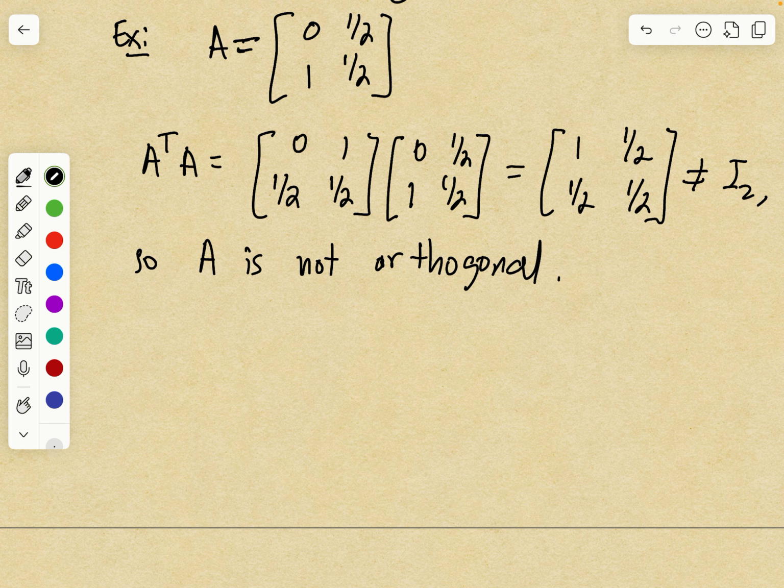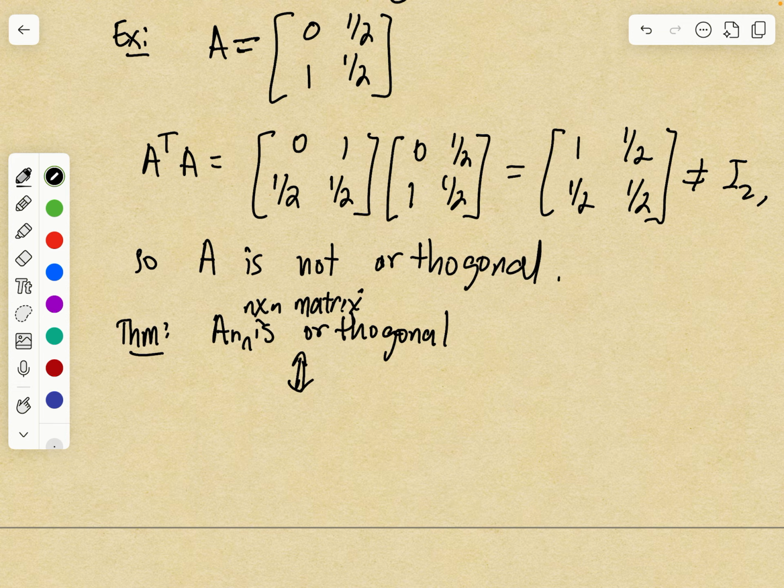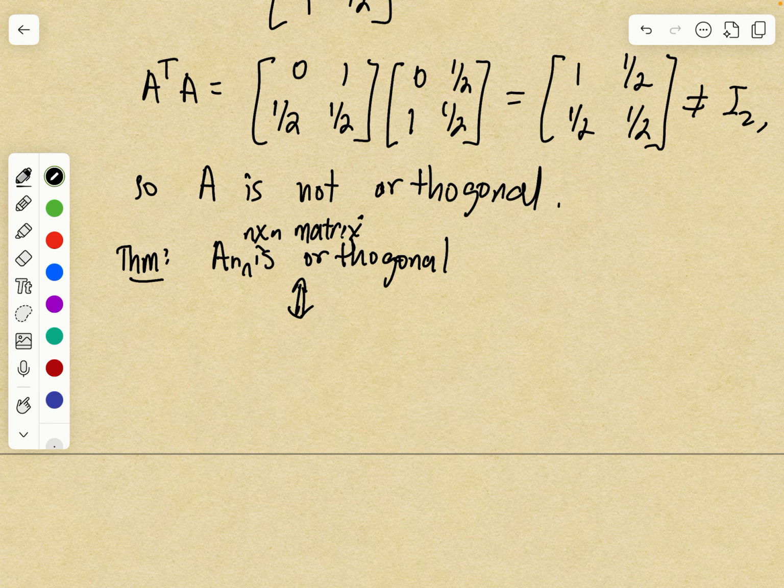It turns out there's a theorem: an n by n matrix A is orthogonal if and only if the columns of A are orthonormal.